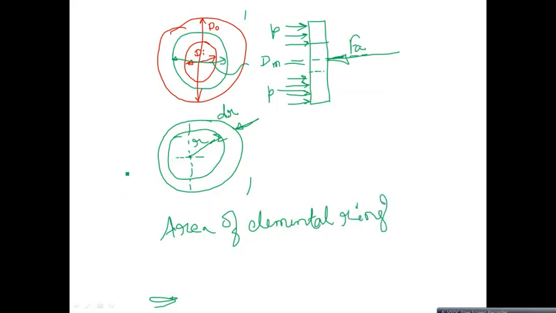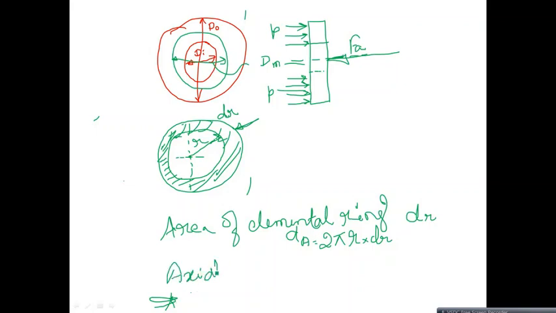Now the area of this elemental ring, which is at a distance of r: if we consider dA as the elemental ring area, we get 2 pi r into dr.